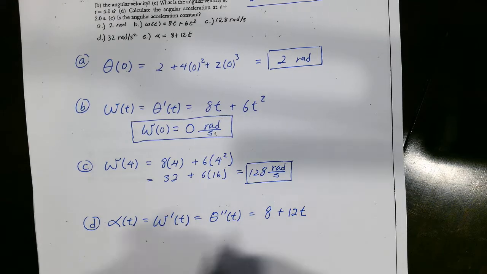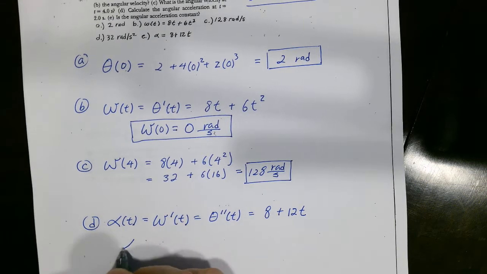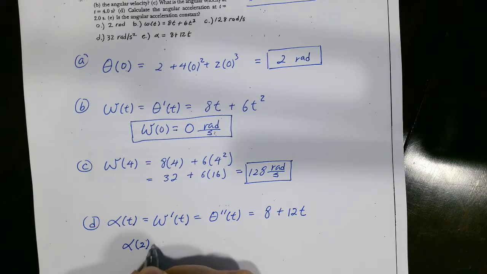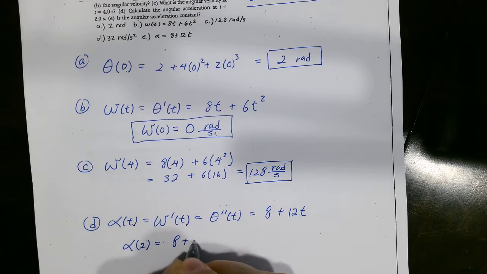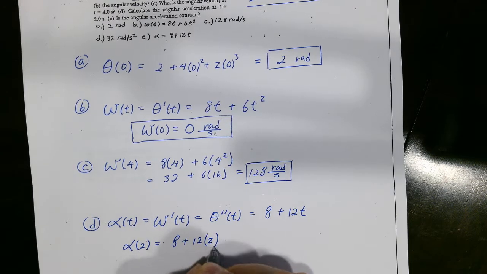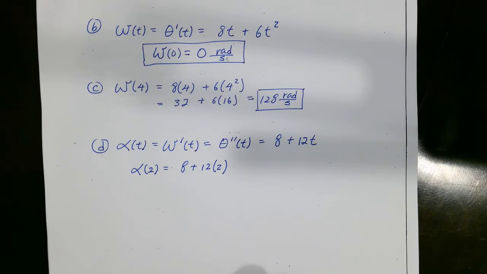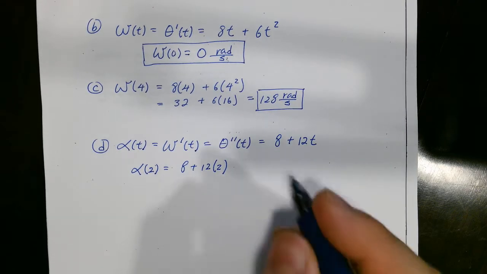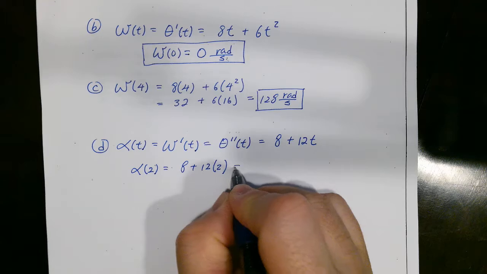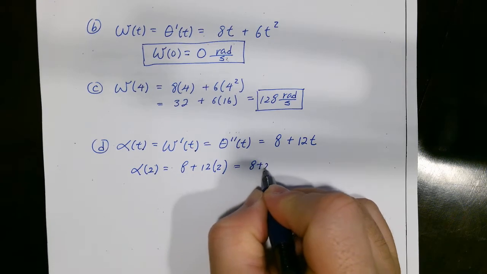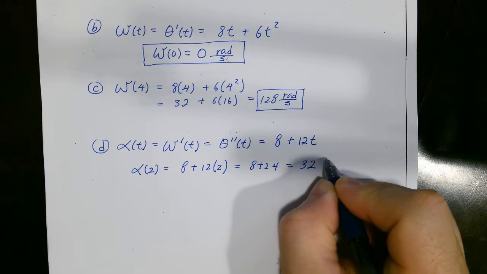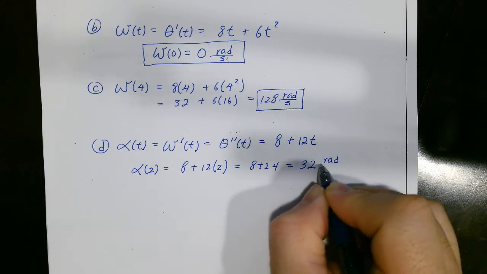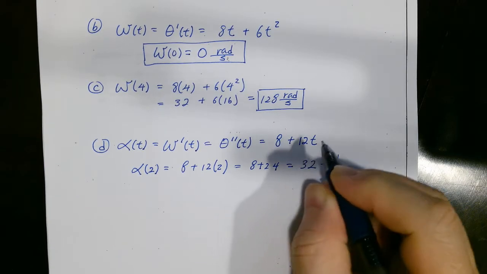So if they want us to figure out alpha at 2 seconds, that is simply 8 plus 12 times 2, which is 8 plus 24, or 32 radians per second squared.